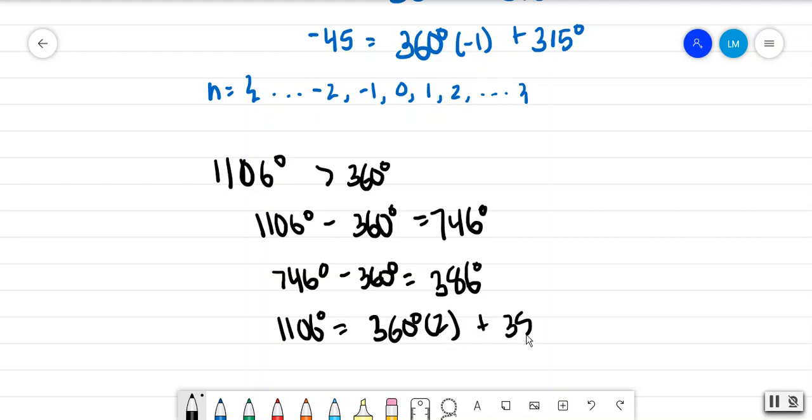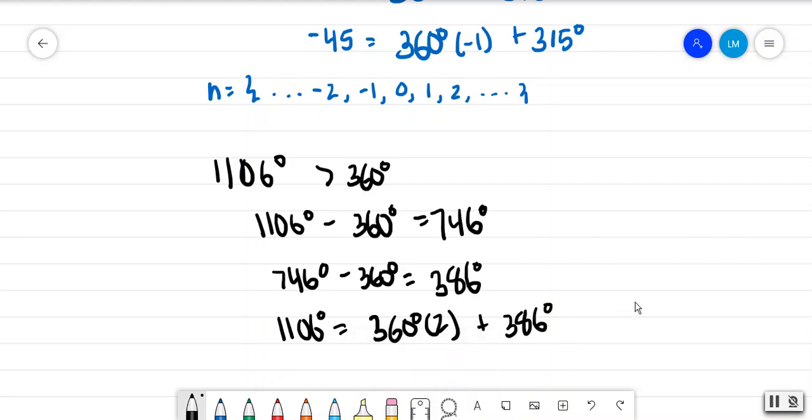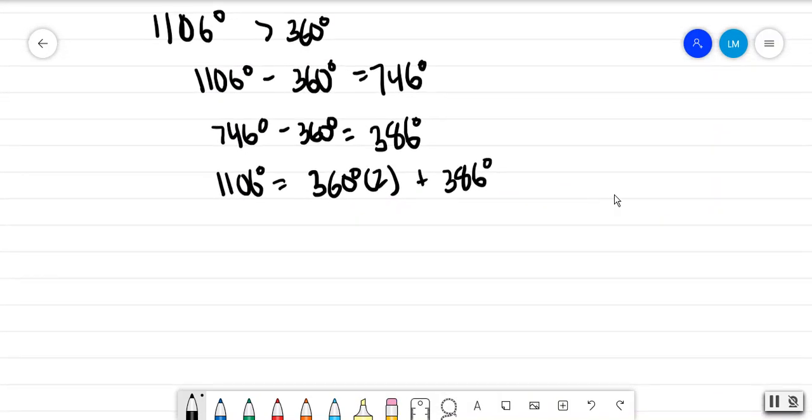If you wanted to see that in the x and y plane, you would note how many times you went around. You went around twice, and after you went around a second time, you kept going until you reached 386 degrees.